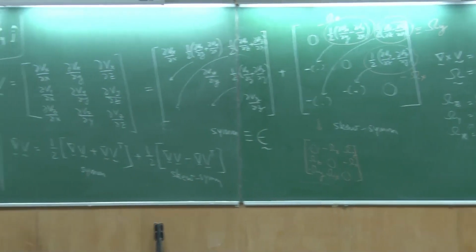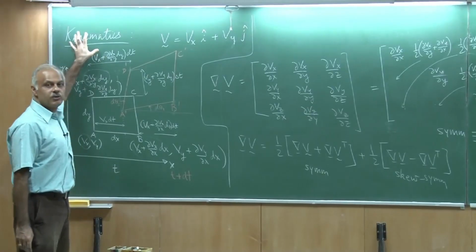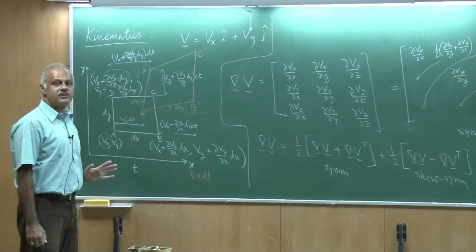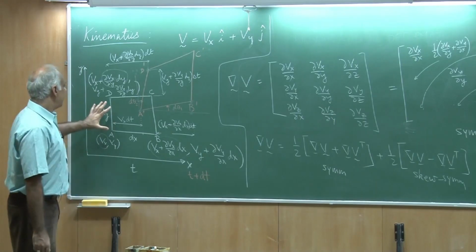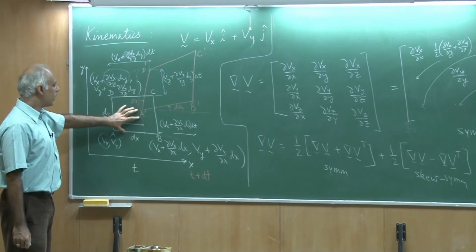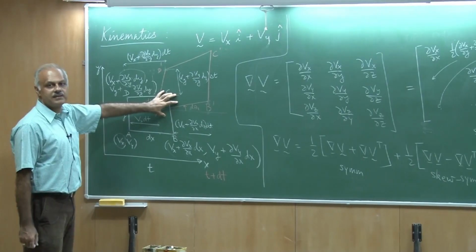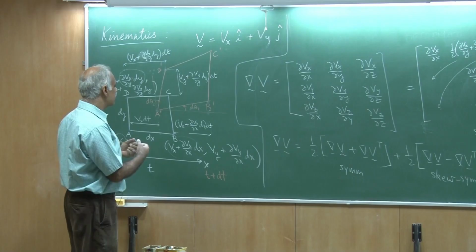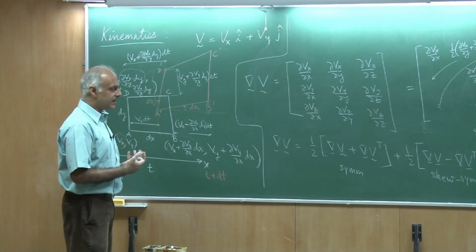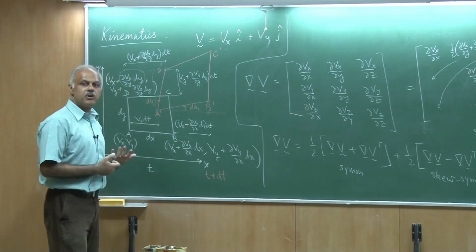So, this is what fluid kinematics can tell us. We have not used any concept of a force till now. Simply working with the velocity field, I was trying to figure out what happens to this fluid element. What we have been able to see is that the fluid element could go through a strain rate. The strain rate could be of two kinds.